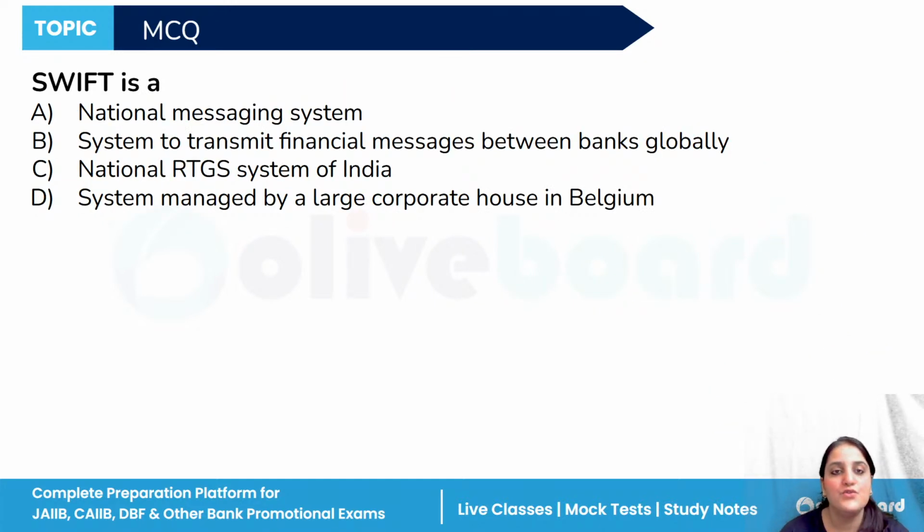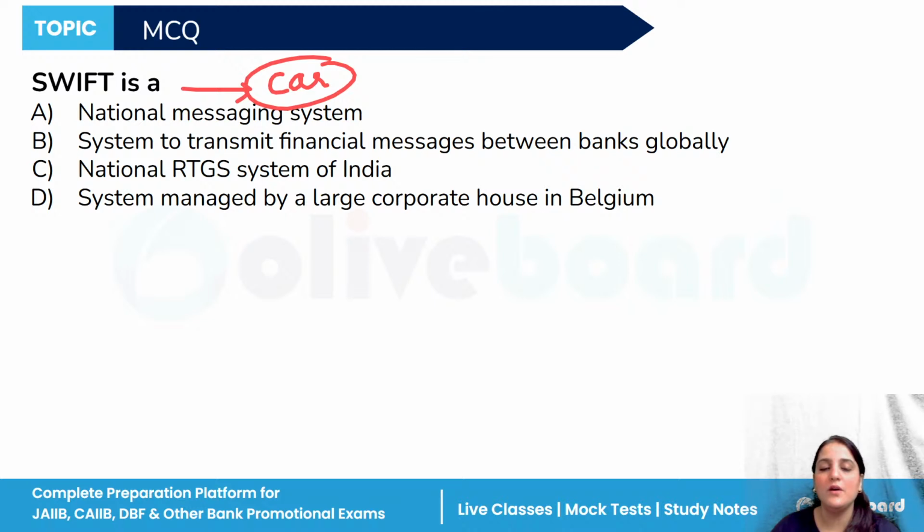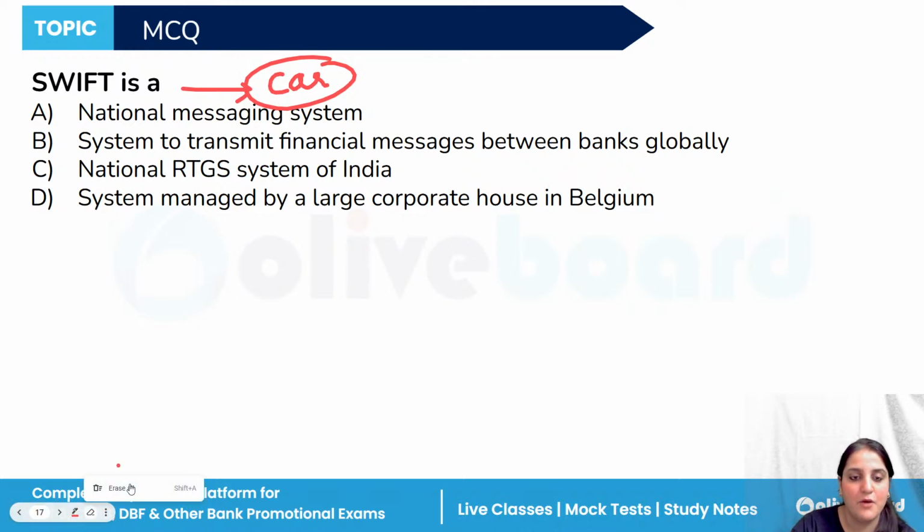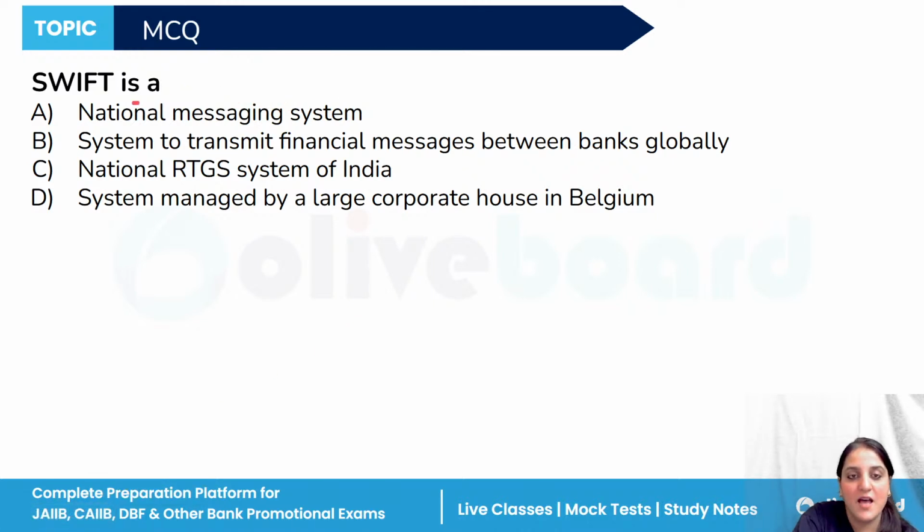Swift. Swift is a car, and there are so many models of the Swift. But here we are talking about Swift as a messaging system. So what is Swift? It is a system to transmit financial messages between banks globally.